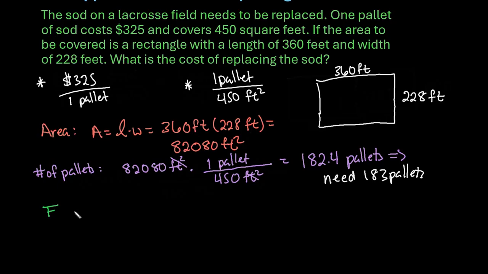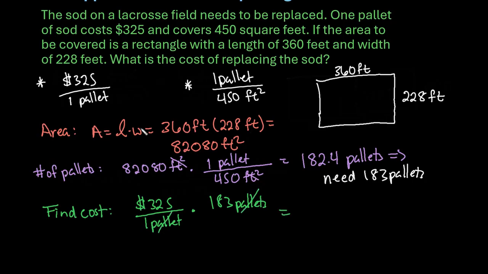So now our next step is to find the cost. So we know that the cost is $325 per one pallet, and we need 183 pallets. And when I multiply this out, I would have 325 times 183, so my units would end up being in dollars.